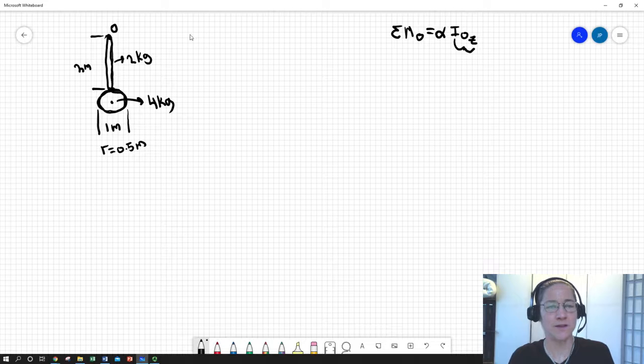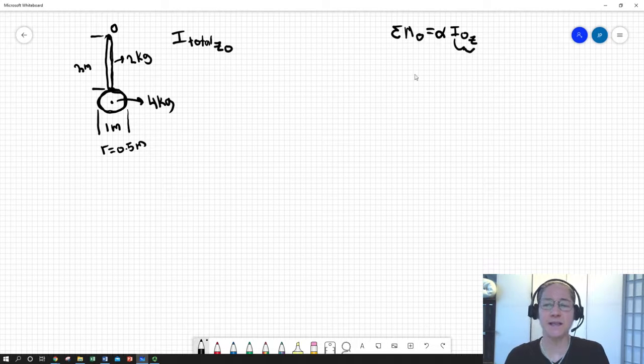And we need to know I total, the total body, about the z-axis through point O up here. So this is point O right up at the top of the rod. So we can use the method of composite moments of inertia.